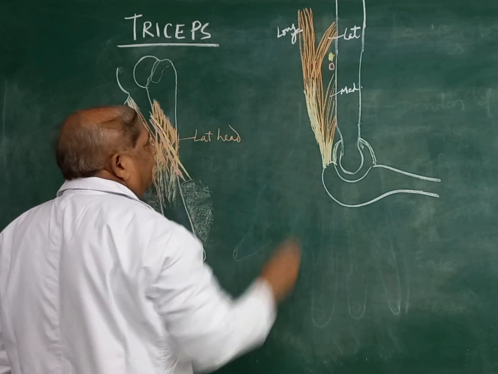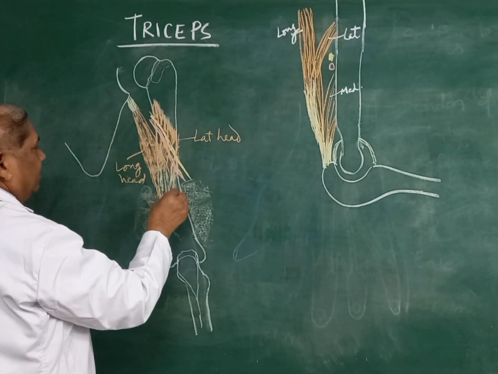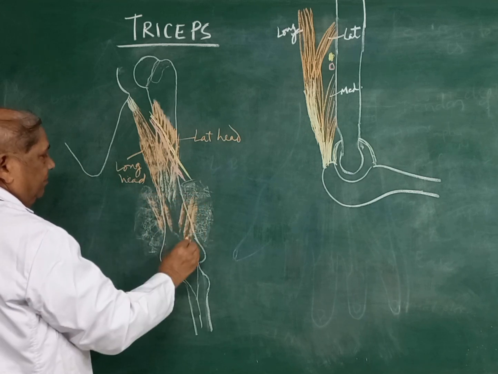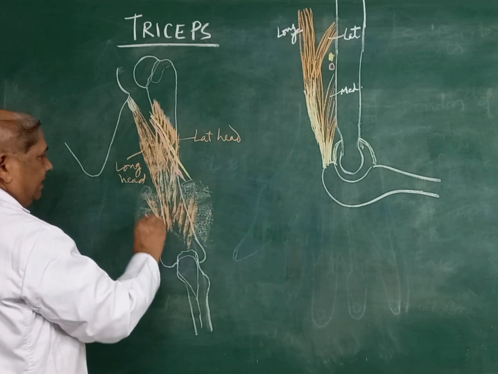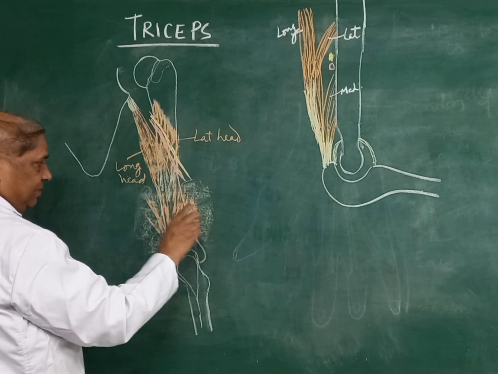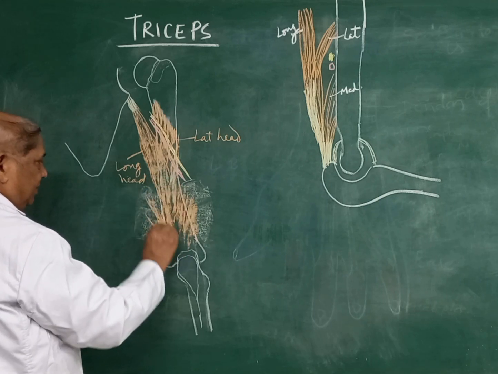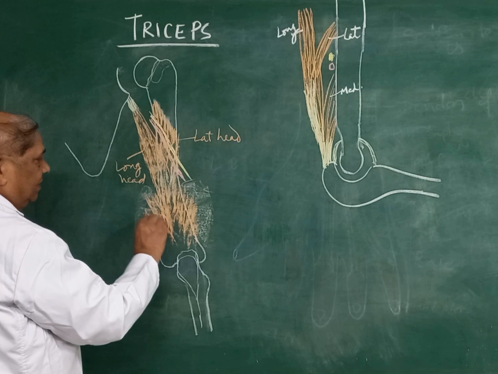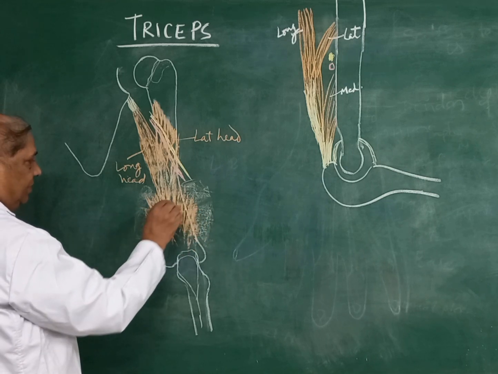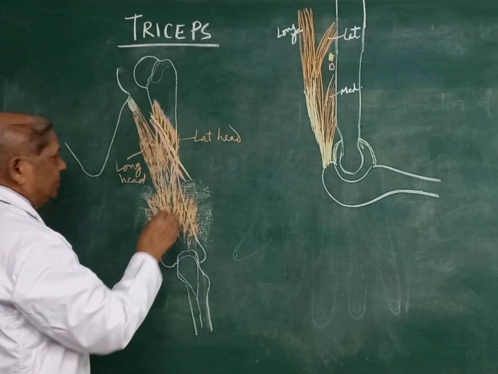And then from deep inside, this is the site of origin of the medial head, which is taking origin from the posterior surface of the humerus and from the medial and lateral intermuscular septa.